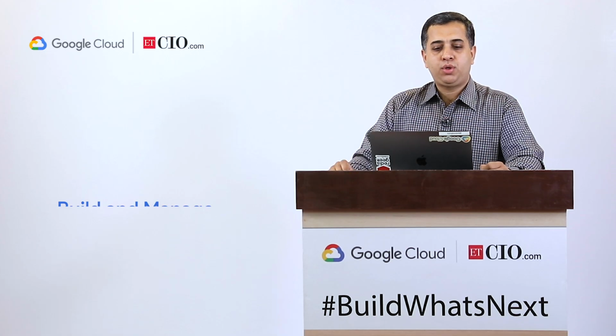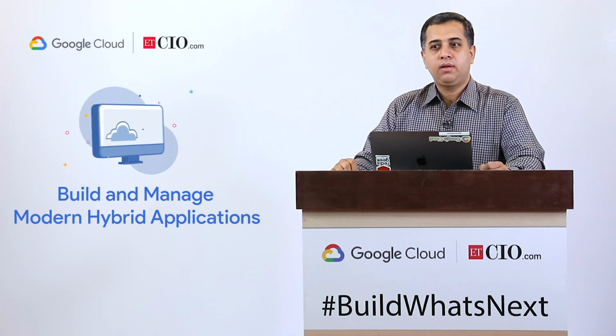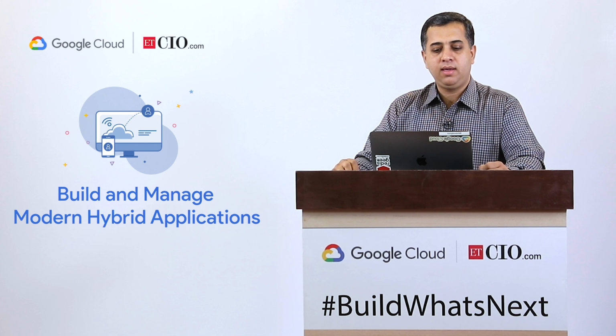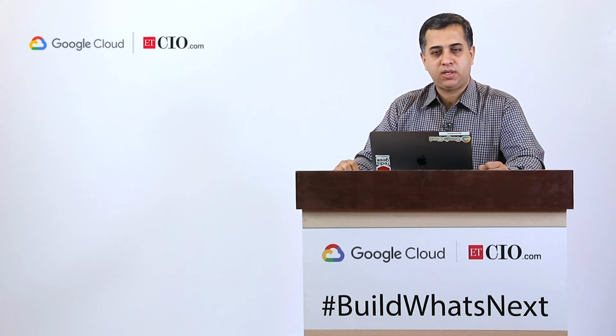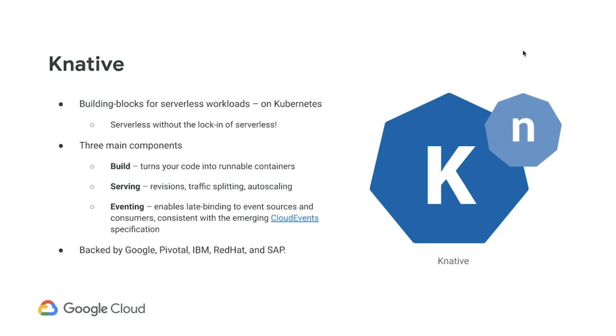So to ease the deployment, Google and a host of other companies, including SAP, Pivotal, IBM, etc., created an open source project called Knative. The idea behind that project was to create building blocks for serverless workloads on Kubernetes. And when I say serverless, I mean serverless without the lock-in.